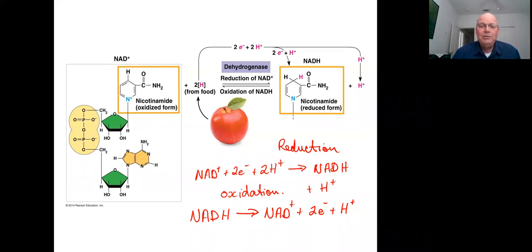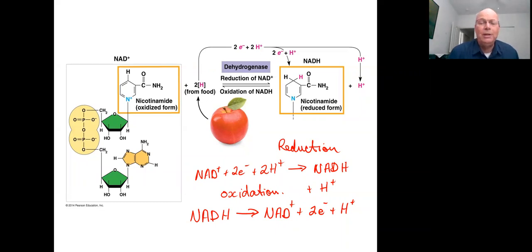And so the NAD+ NADH pair serve as a way of transporting these highly reactive, highly energetic electrons that we're going to be extracting out of glucose from one location to another within the cell. And it allows us to retain the energy of those electrons without running into the issue of having those electrons randomly react with something simply because they can. We want them to react in an appropriate way so that we can access the energy that they represent. And we want to do that in a very defined and very controlled fashion.